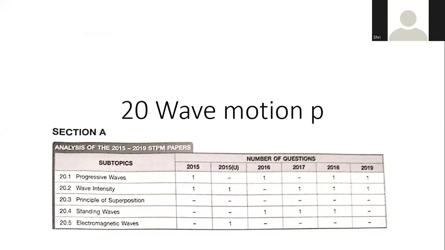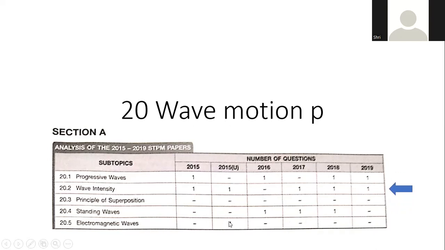Okay, let's go to topic 20, wave motion. If you look at the past year exam paper book, what is more popular? Wave intensity is popular.